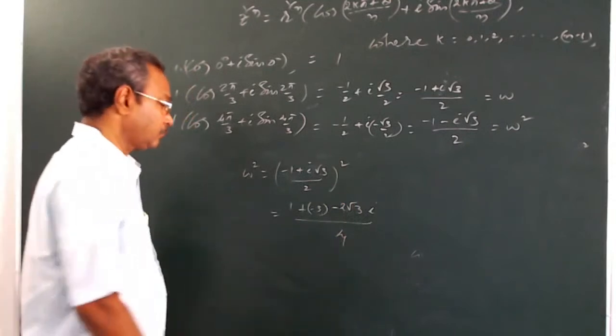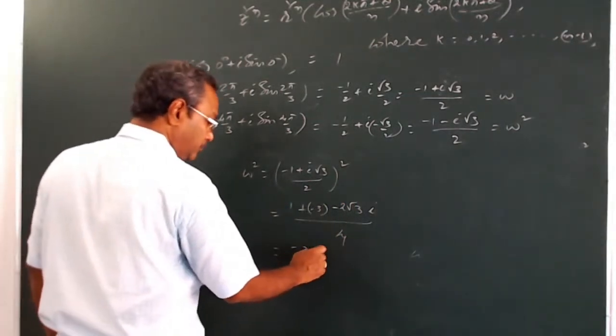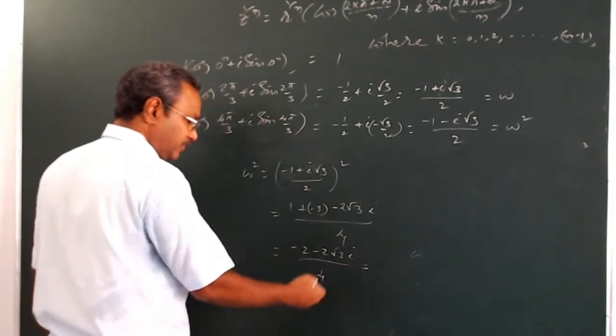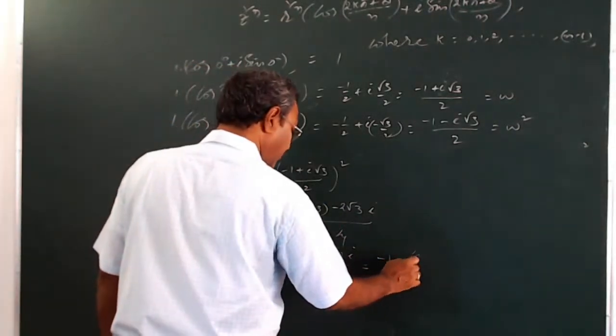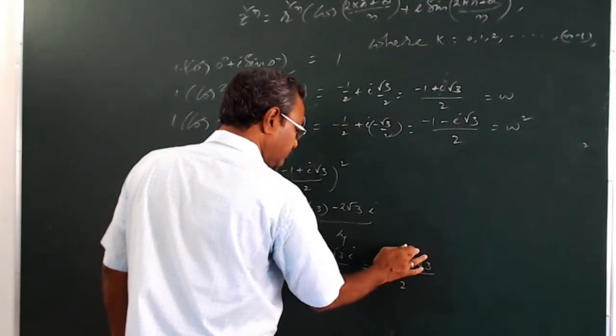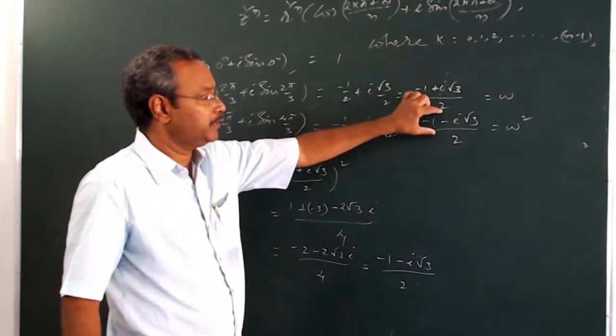So this is 1 minus 3, which is minus 2, minus 2 root 3 i, by 4. Take 2 as a common factor and cancel, and you write it as minus 1 minus i root 3 by 2. So this is omega square.